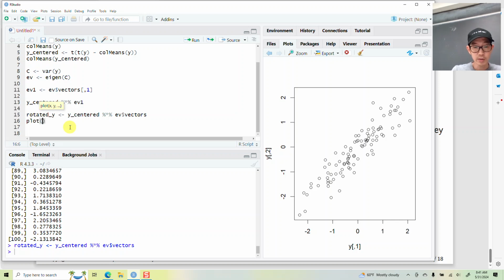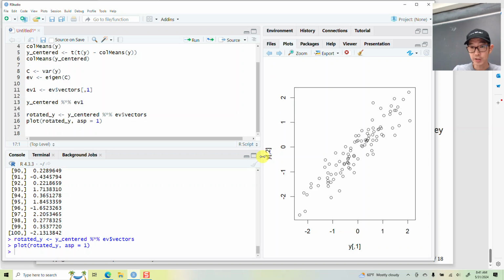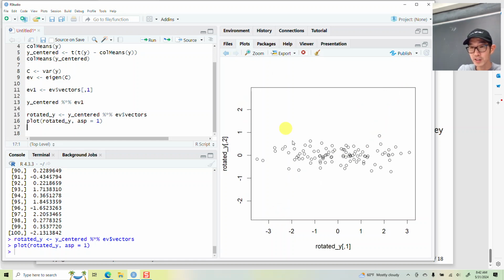And so if I plot rotated y, one is just a rotation of the other. I don't know if you guys can see, but if you pay attention to some of the weird features of this, you'll see that one is just a rotation of the other.